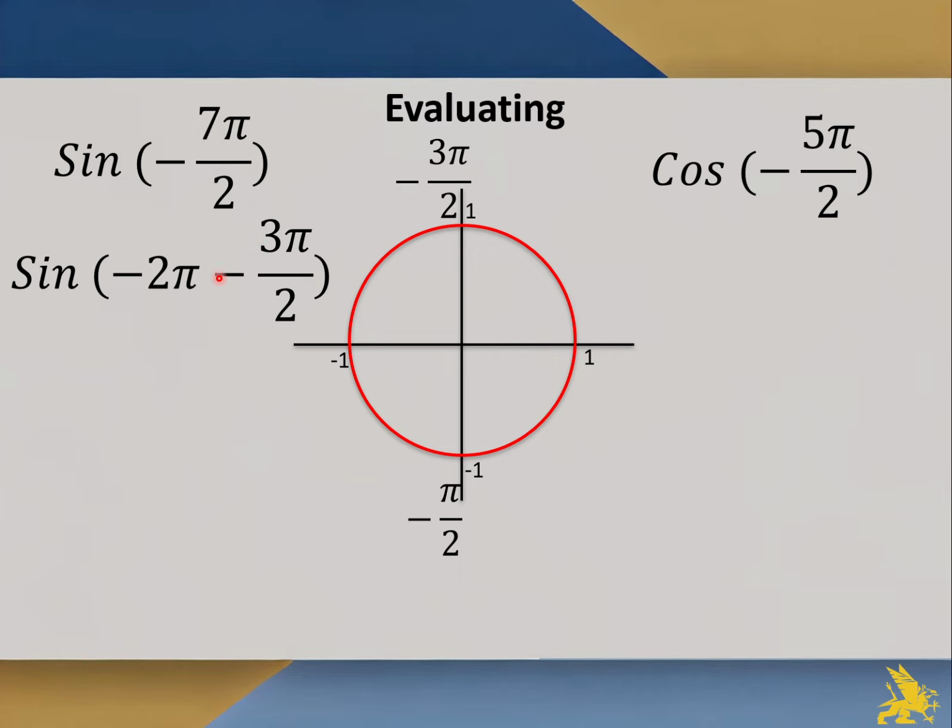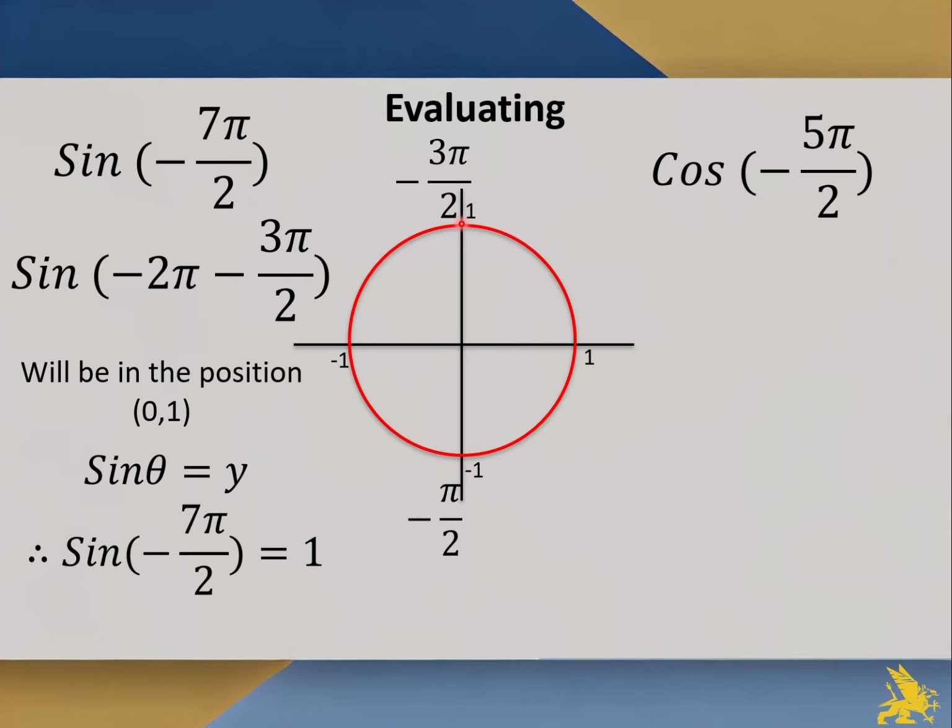So -3 pi over 2. I then continue until I get to -3 pi over 2. So we need to understand these points. We're talking about sine here. Sine at this point is x is 0, y is 1. Sine refers to the y, so then we know the y value here is 1. So sine -7 pi over 2 is equal to 1.